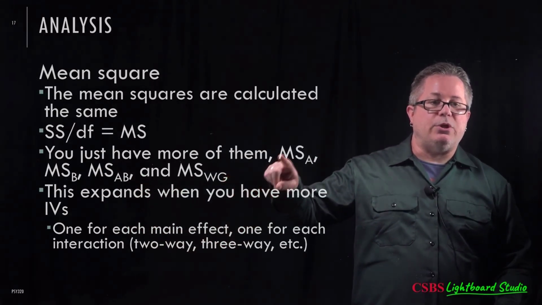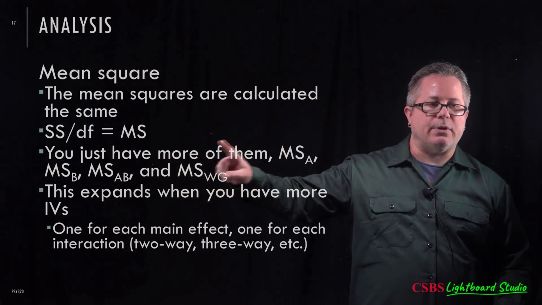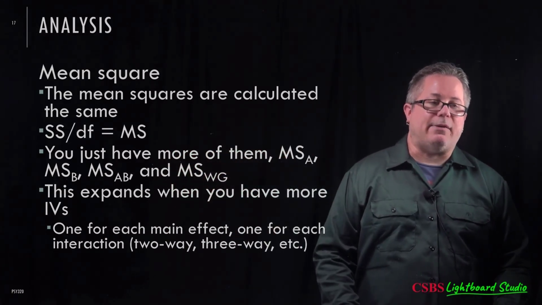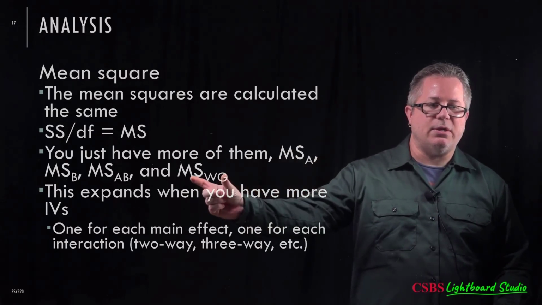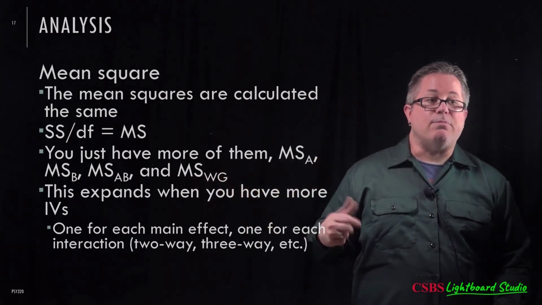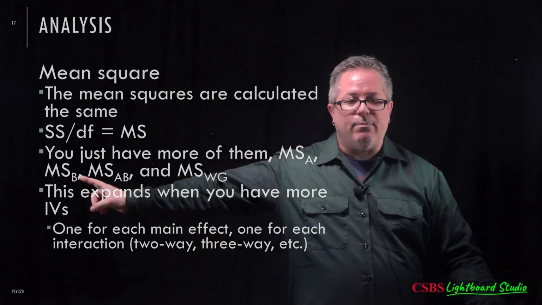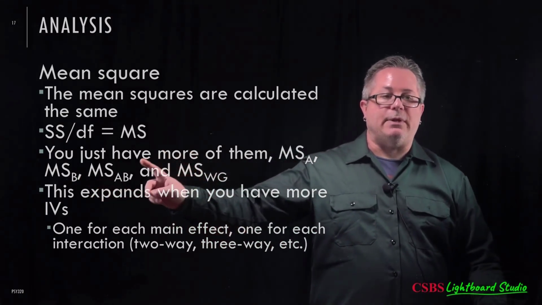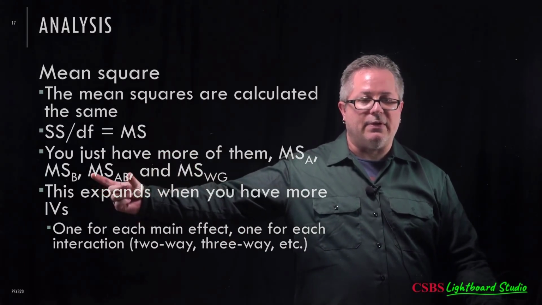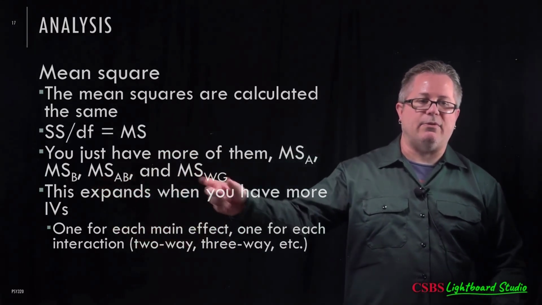We use those to calculate 3 different F's. An F for A is MSA divided by MSWG. An F for B is MSB divided by MSWG. And an F for the interaction is MSAB divided by MSWG.